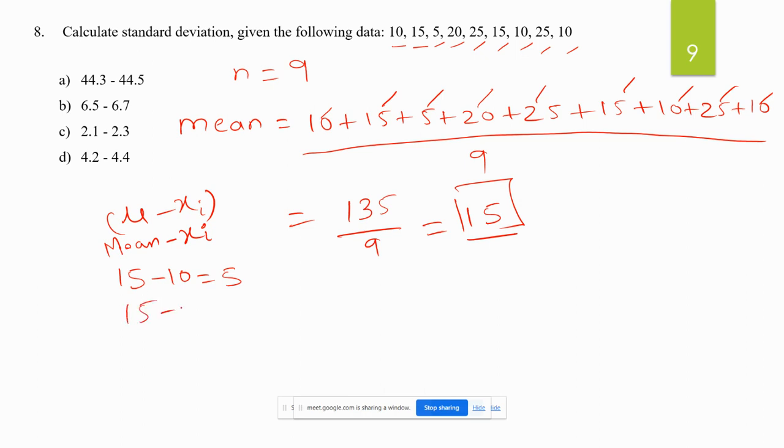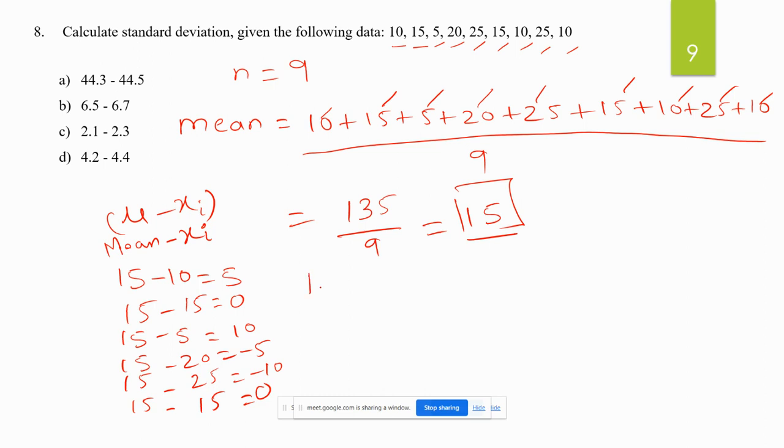Then 15 minus 15 is 0. 15 minus 5 is 10. 15 minus 20 is minus 5. 15 minus 25 is minus 10. 15 minus 15 is 0.